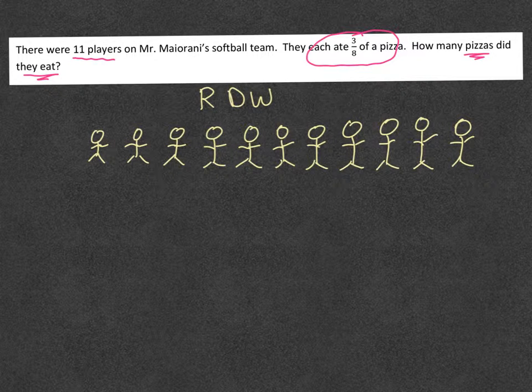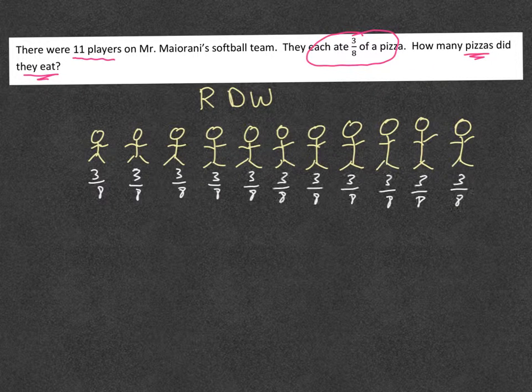So I've just saved some time and made 11 softball players. And each one of those guys ate 3/8. Again, to save time, I stopped it and I finished it. Each one of them ate 3/8 of a pizza.